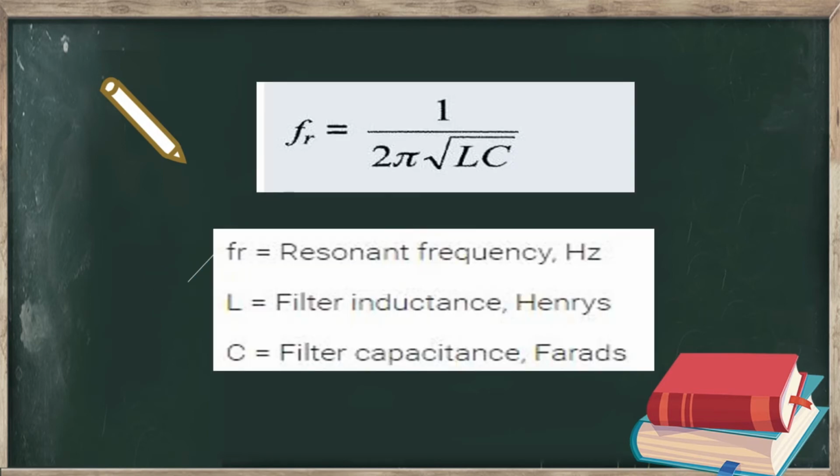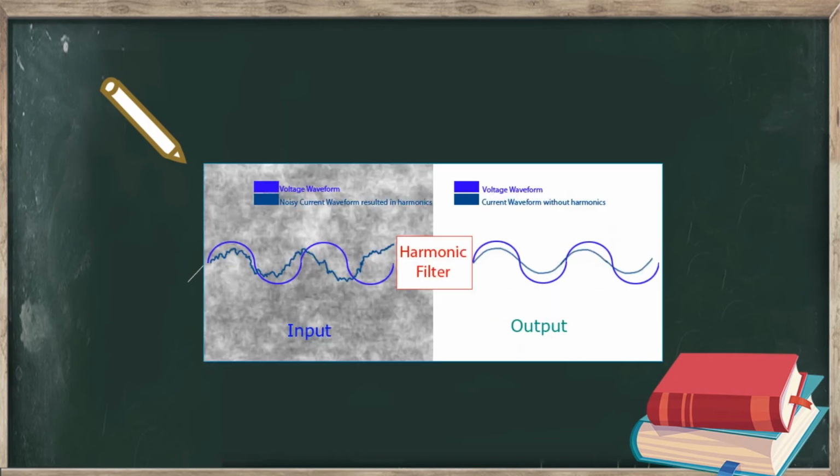Usually when using a passive filter, there is a resonant frequency. Here is the equation to calculate the resonant frequency. As you can see, after we put in a harmonic filter, the output will be smoother, and this is the current that we want for our equipment.